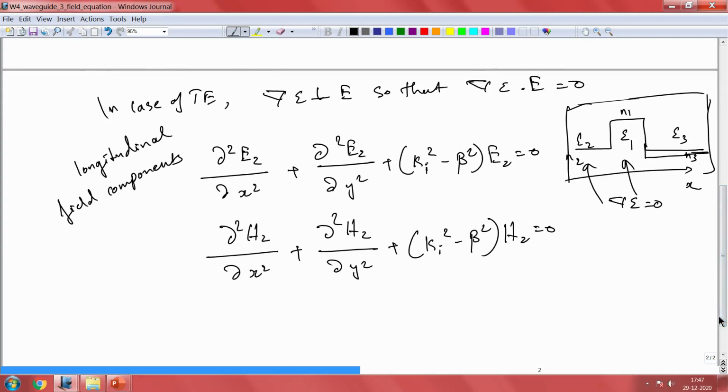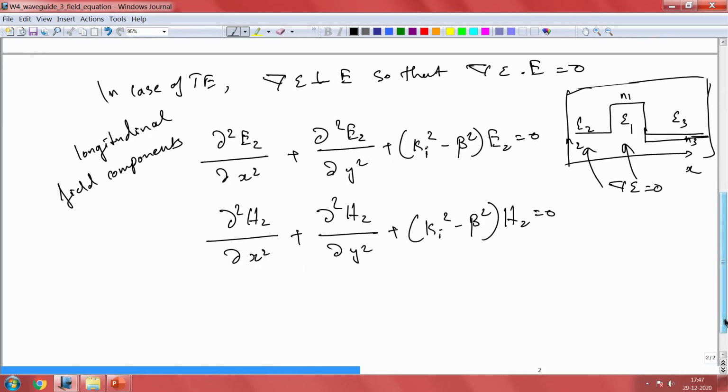So, your x y plane is where you have your fields, and that is why we do it this way, and here k_i squared is nothing but omega squared mu naught epsilon i, all right, which is nothing but n_i squared omega squared by c squared, right. It is a constant within each region. So, if you are talking about region n1, this is a constant.